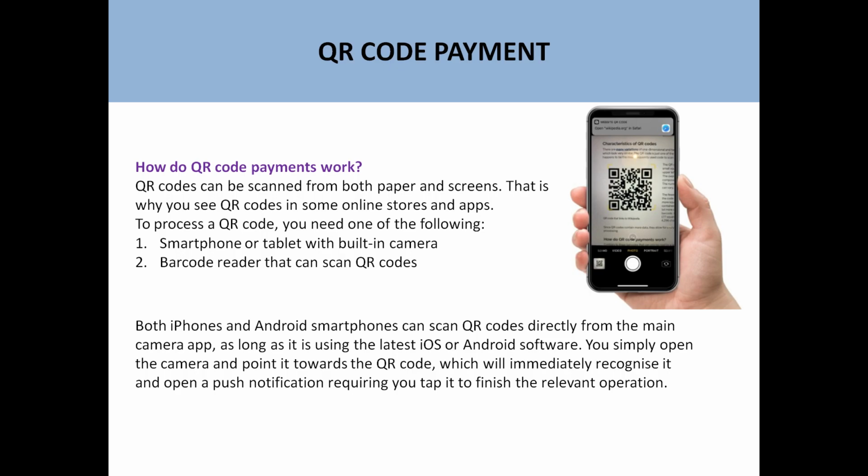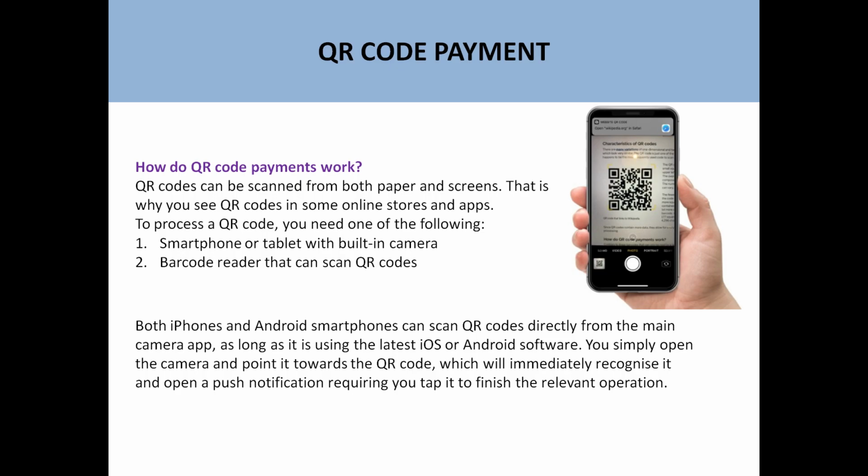You have definitely seen QR codes at stores, online stores, apps, retailers, cinema halls. So basically, using a smartphone or tablet with a built-in camera or a barcode reader that can scan the QR code, after scanning, the string information you get is directed to the payment processor.